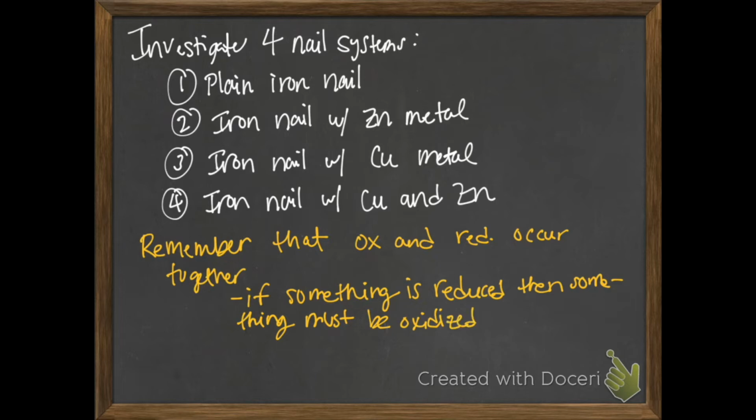If it's blue, that means iron. If there is no blue, something else is oxidized. You need to use the colors that we talked about to determine what's oxidized and reduced, which will help you write your half reactions, because you'll need to write the half reactions that occur in each of the test tubes, each of those nail systems.